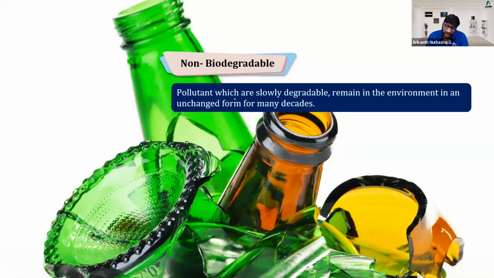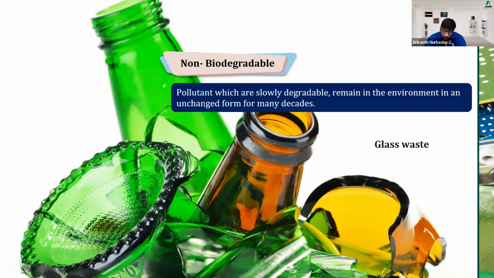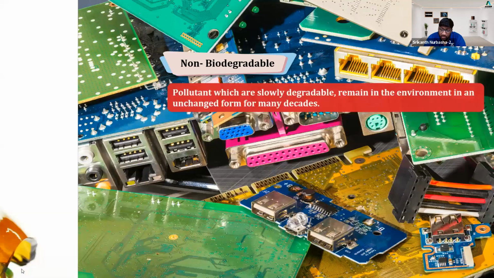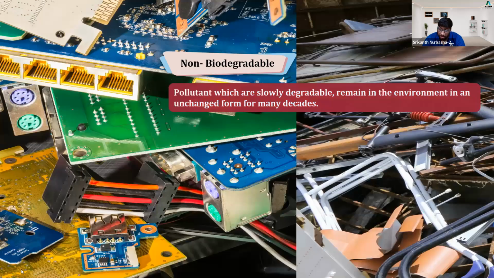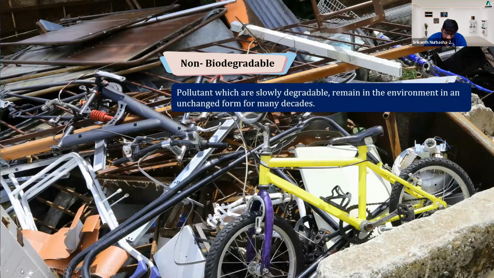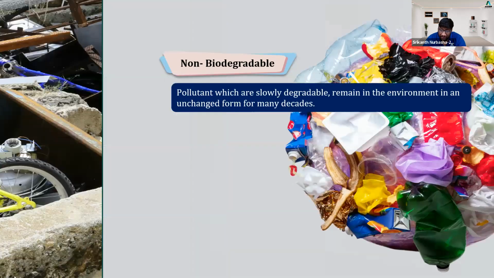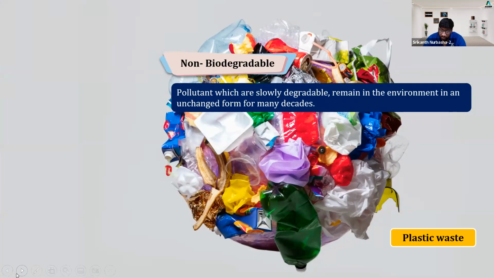Non-biodegradable pollutants are those which are slowly degradable and remain in the environment in an unchanged form for many decades, like glass waste. In that category, you can also have e-waste, electronic waste, and metallic waste, like iron and other metal waste, and you can also have plastics.